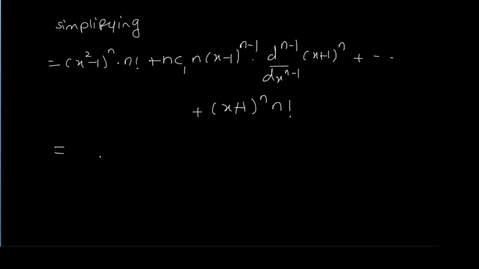Now I write the last term, (x plus 1) whole raised to n into n factorial. Then plus these are the terms containing powers of x minus 1. Here this is a power of x minus 1 and this is also a power of x minus 1, and again we obtain all the powers of x.